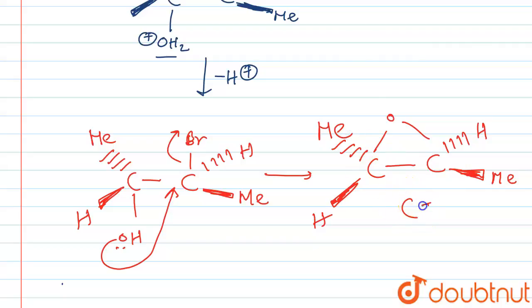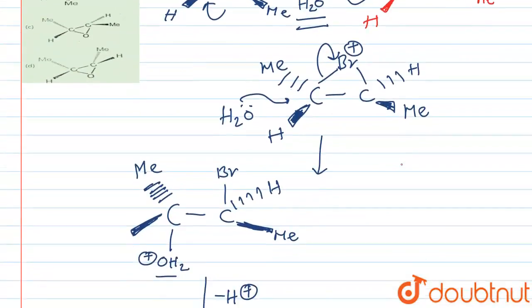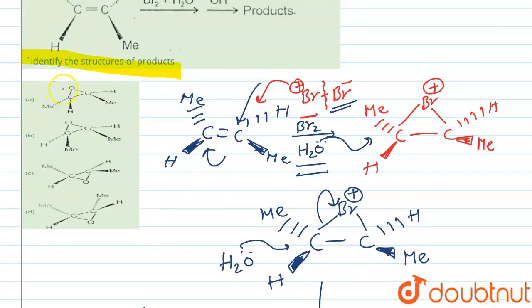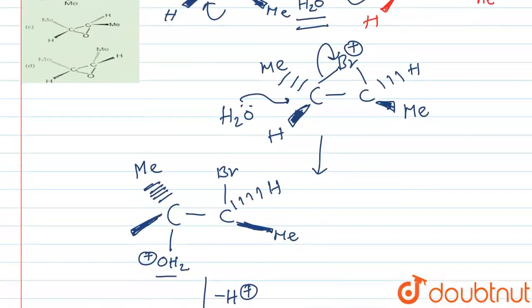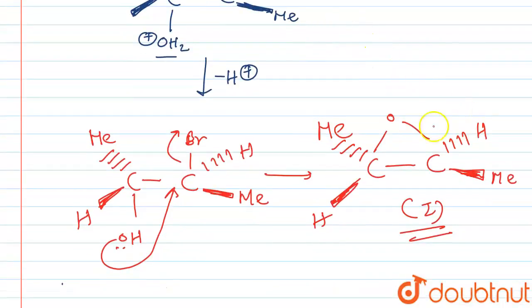This is our first compound which is forming, and if we look at the options, we find that option A is forming. Now suppose this option A compound is rotated like this, rotating about this oxygen, which now comes to this place.